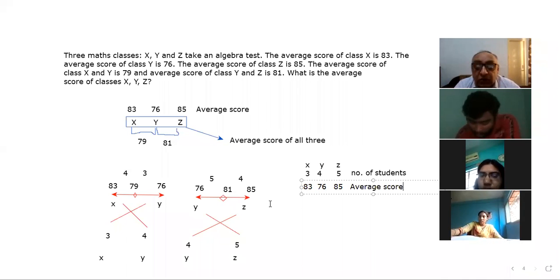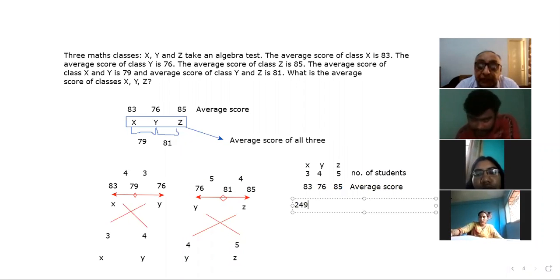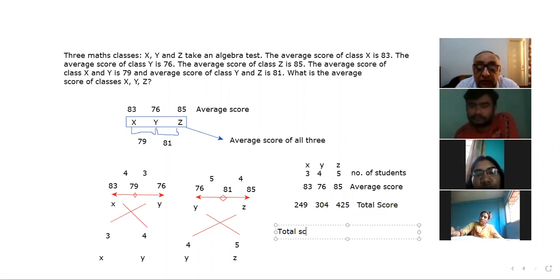Okay, so now the total score of the 3 classes, that is 249, right? And 304, right? And 425. This is the total score, right, of 3 classes, the total score of all classes.